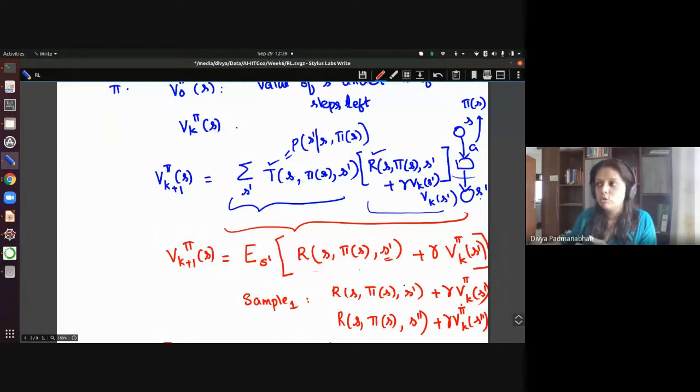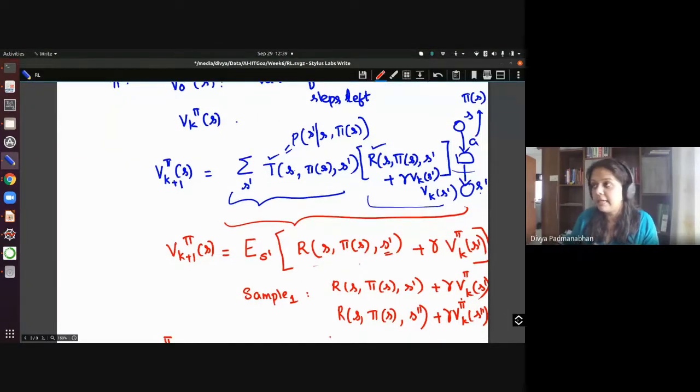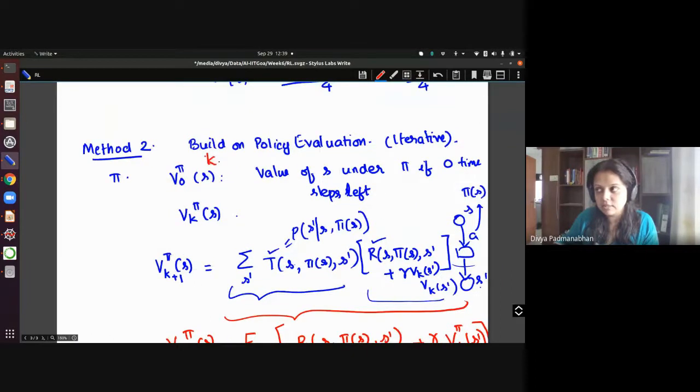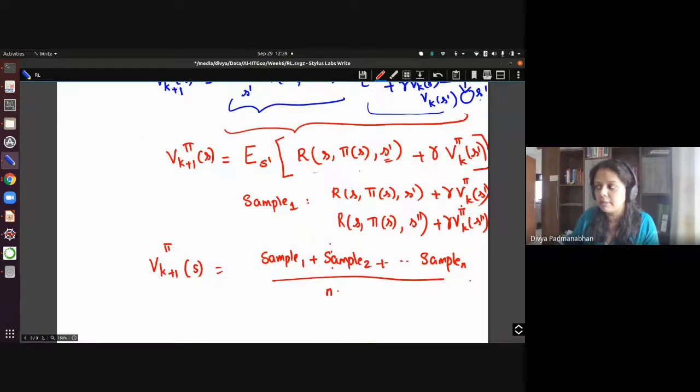So there is a capital K for the total number of iterations, and n is the number of samples you had for starting at S.